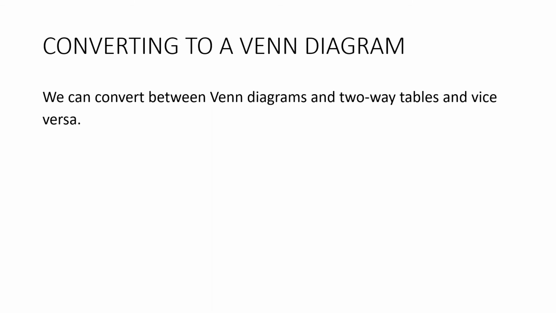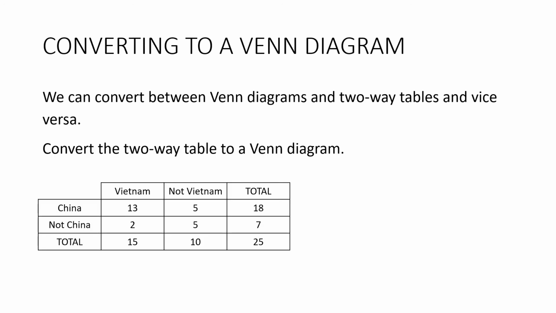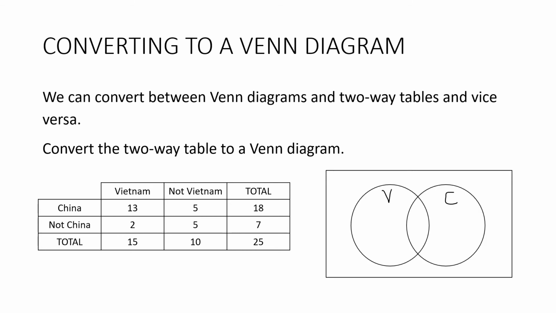We can convert between Venn diagrams and two-way tables and vice versa. So let's have a look at how we take our two-way table and convert it into a Venn diagram. Let's draw it up to begin with. We've got our two attributes, Vietnam and China, and we know that they overlap. We've just got to put in these numbers. Okay, firstly we know that there are 5 students not going to Vietnam or China, so that goes outside.